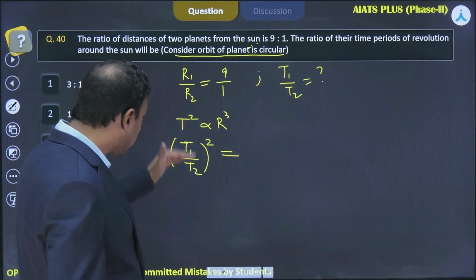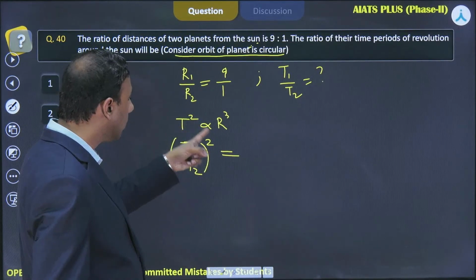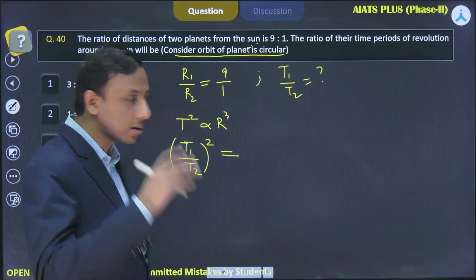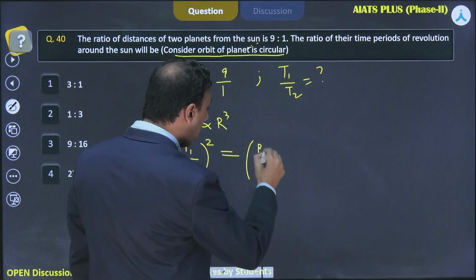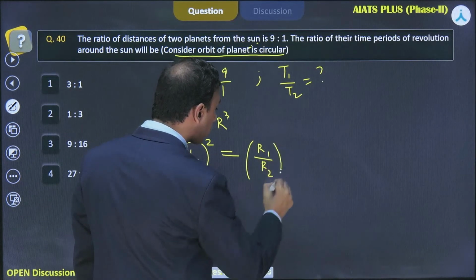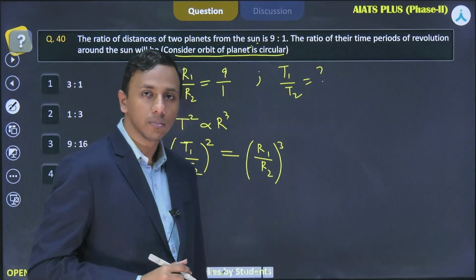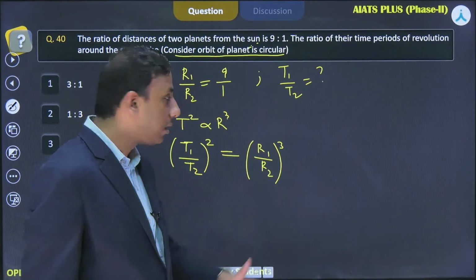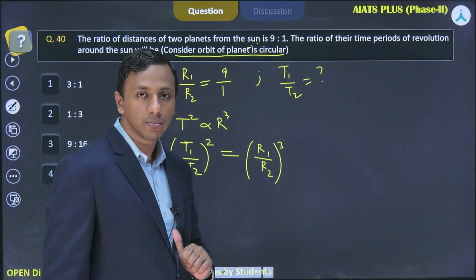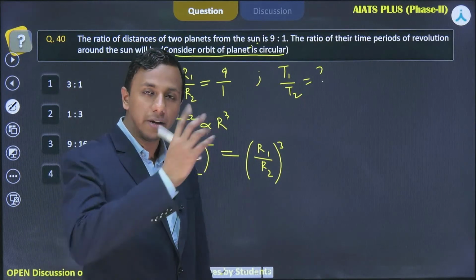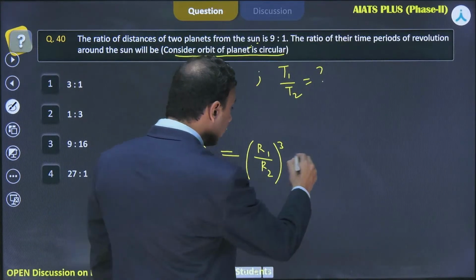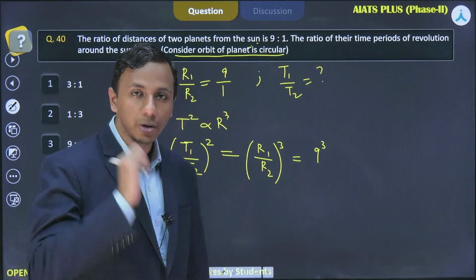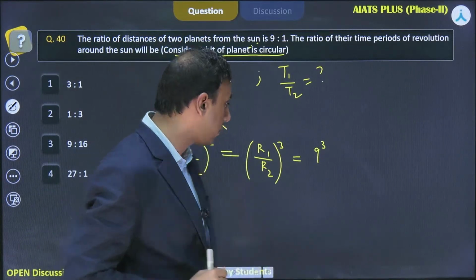So T1 by T2 whole square is equal to R1 by R2 whole cube. And R1 by R2 given over here is 9 upon 1, whole cube. What does that become? 9 into 9 into 9, so it is 9 cube only. 9 cube is what? 9 into 9, 81, into 9, 729.